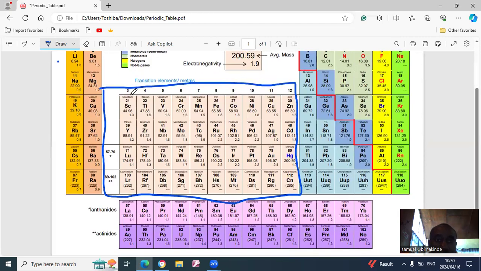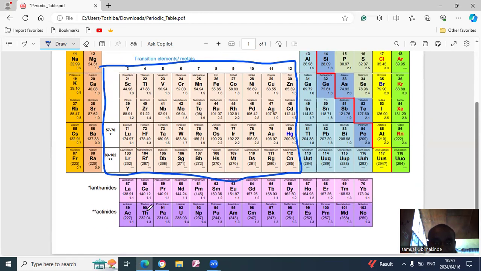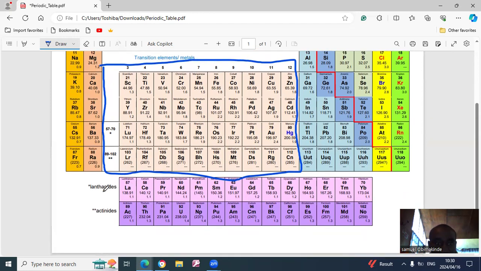And remember, the elements in this rectangular block here are called transition elements or metals. Now, the lanthanides and the actinides, you don't need to understand at your level, so we'll leave them out for further discussion, right?